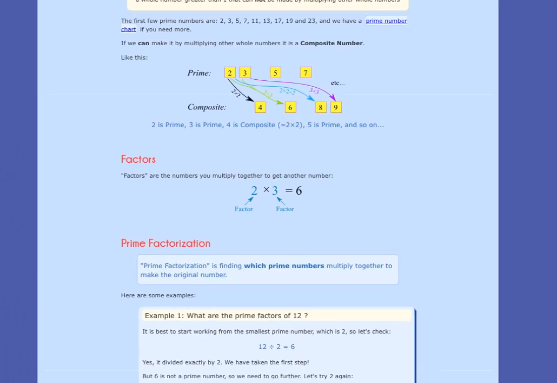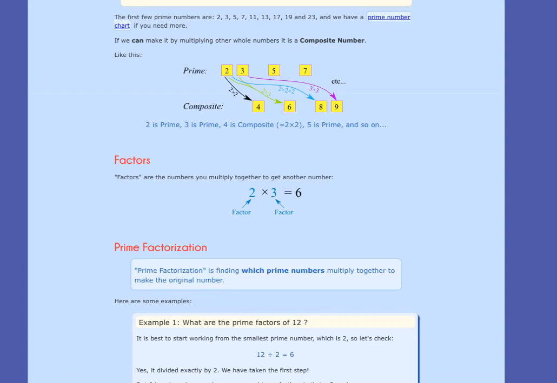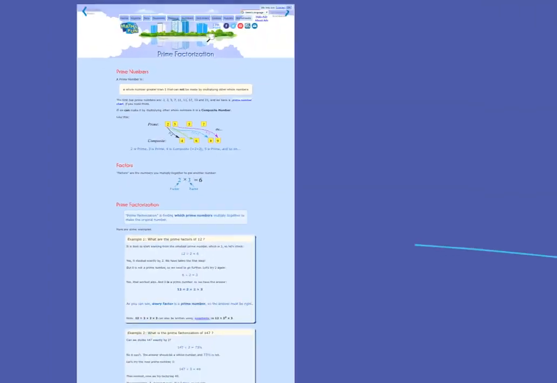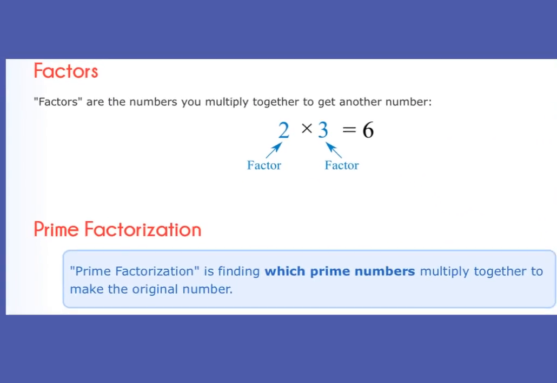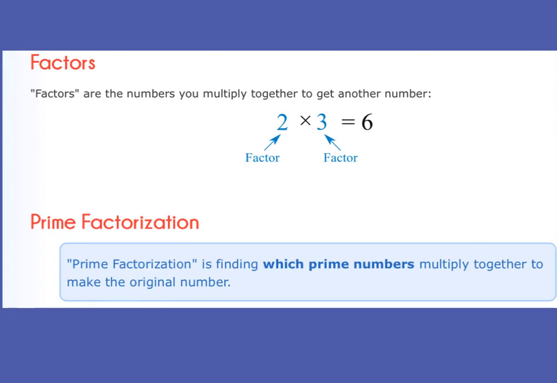Okay, so I do want to point out a few things. These definitions. As we talked about after the warm-up, factors are the numbers you multiply together to get another number. So factors and multiplication, you should always be thinking of them together. Factors are anything that multiplies to get another number.